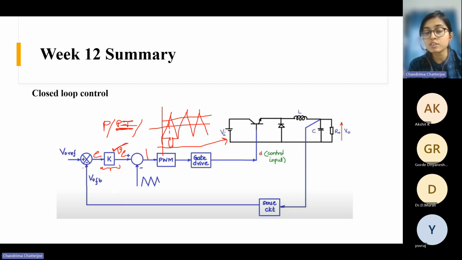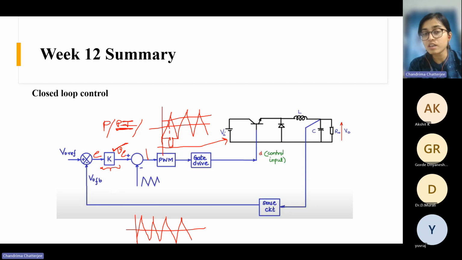Depending on how much is the error, how much you want to compensate, based on that, this control signal will be generated. And this carrier signal doesn't get changed. It is always the same. It is just a recurring signal with a fixed frequency like this. So there is no change in this. The only change that occurs is in the control signal.